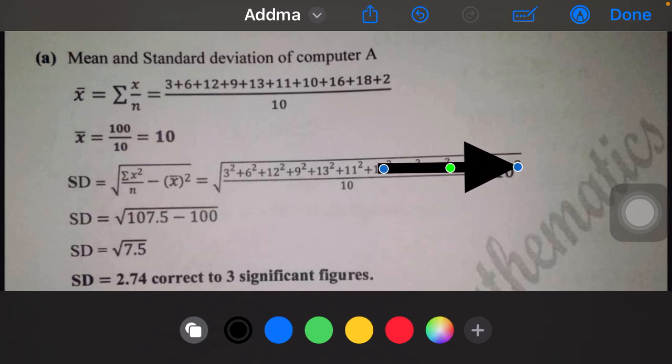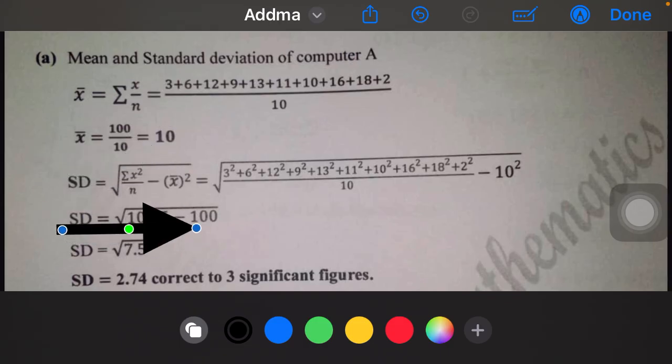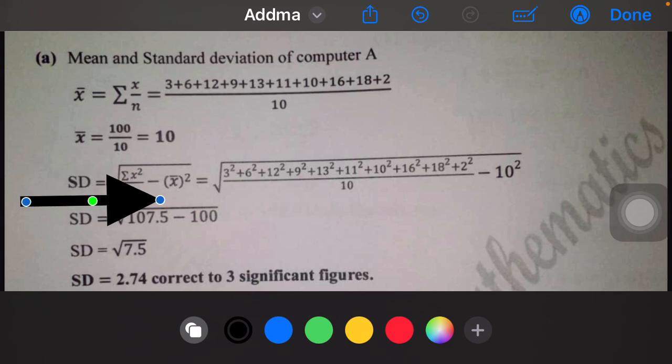That's simply the mean to the power 2 here, subtracted. Following this formula here, which has been given, you need to pay attention to it. That's why I've subtracted the mean. We've already found it is 10. So when you plug in this formula, you say 10 to the power 2. That's where this 100 is coming from. Then the summation of x squared is this.